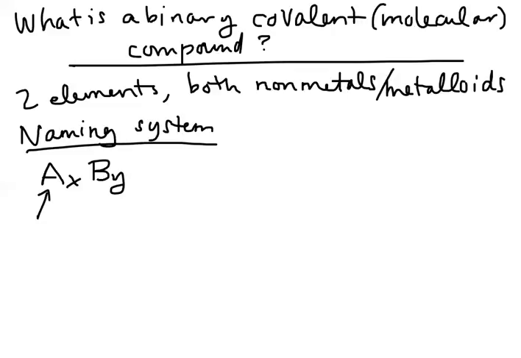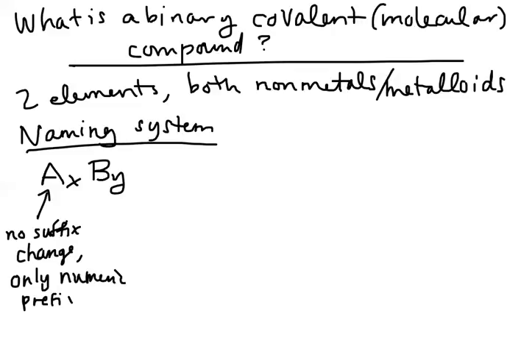A will have no suffix change, and only a numeric prefix if x is greater than 1. So if there's more than one of A, it will have a numeric prefix. If there's only one, it will not. We will go over those numeric prefixes in a moment. For right now, let's just write down the rules.